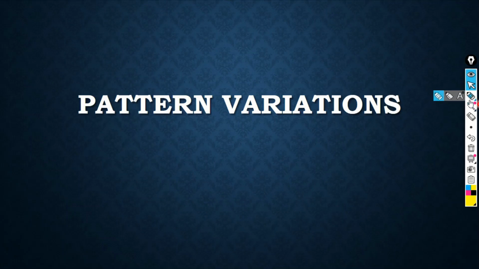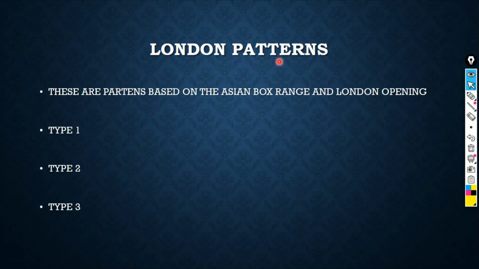But if you don't know it, you can't look for anything which you don't know. So the pattern variations which we have are London type 1, type 2, type 3. These patterns are based on the Asian box range and the London opening.